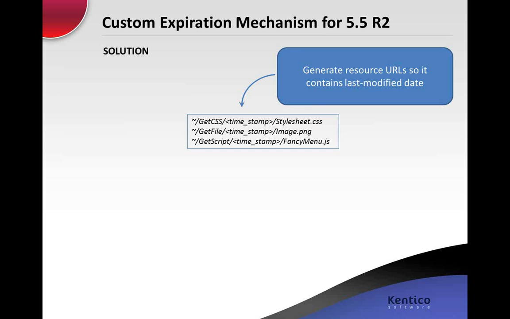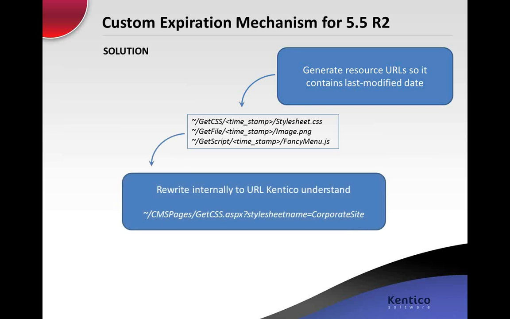This approach with the timestamp in the URL is used by huge websites that definitely need to take advantage of client browser cache, but still need to be able to reflect the changes in the user browsers instantly.